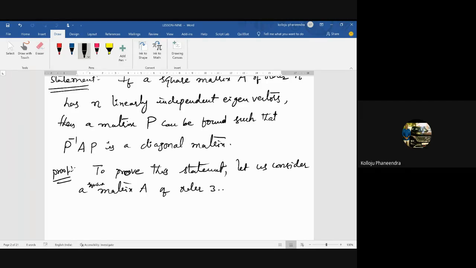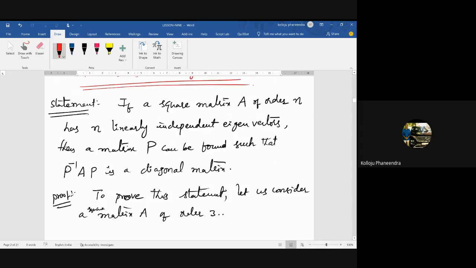Okay, see the statement, all of you. Once again, I'm explaining. Matrix A is there, and if it is of order n, then it must possess n linearly independent eigenvectors.